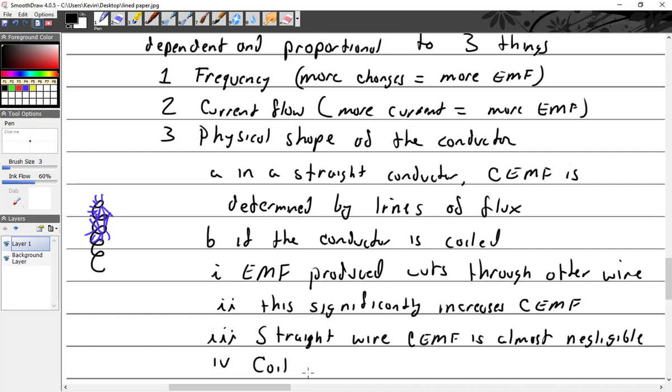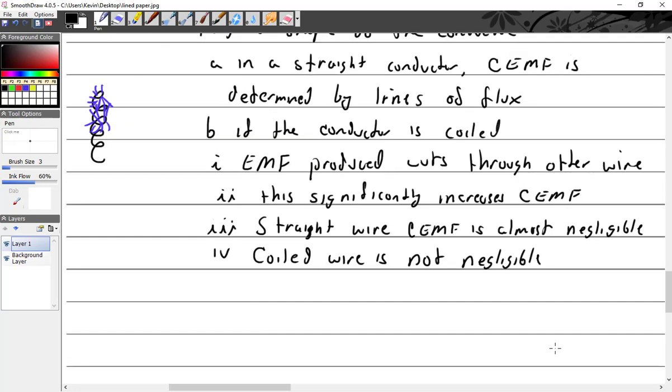Coiled wire is not negligible. All right, so what is coiled wire called? Coiled wire is an inductor.